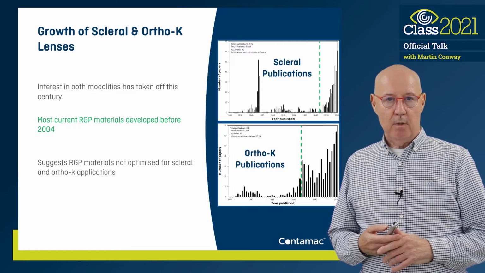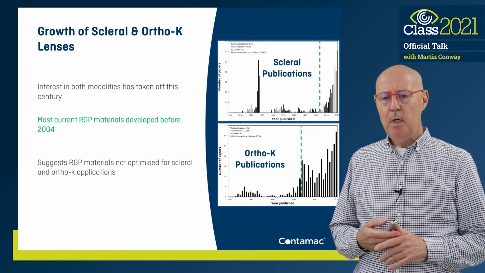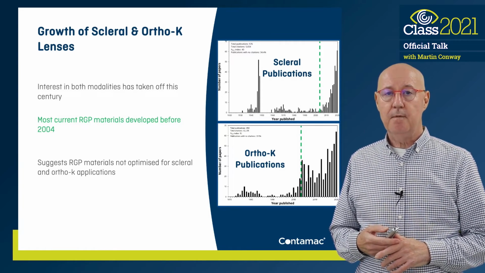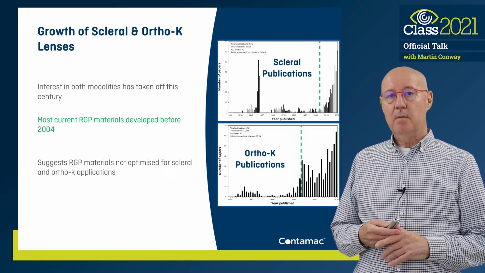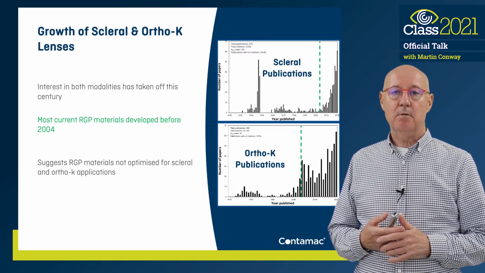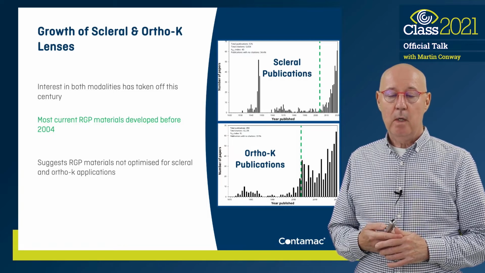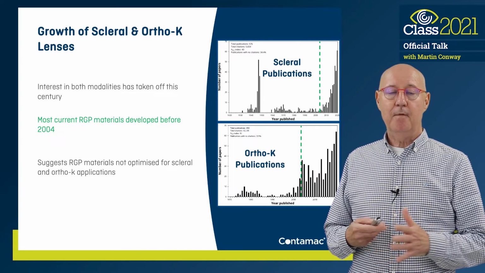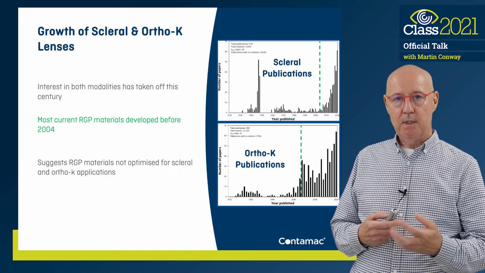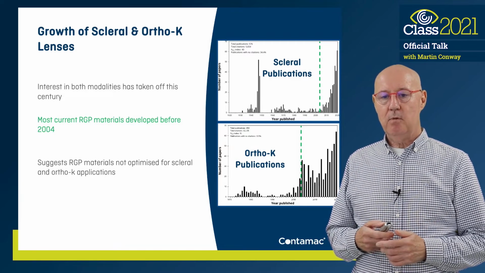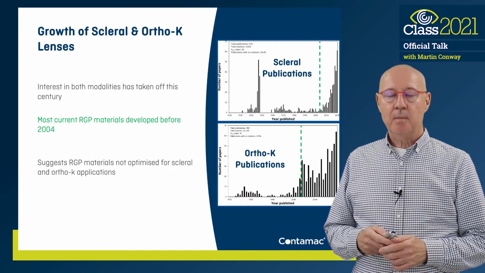Those green lines on the graphs, incidentally, mark the point of 2004. And most of the current materials used in both sclerals and ortho-K were in fact developed and marketed before that period, so before massive interest in sclerals and ortho-K occurred.